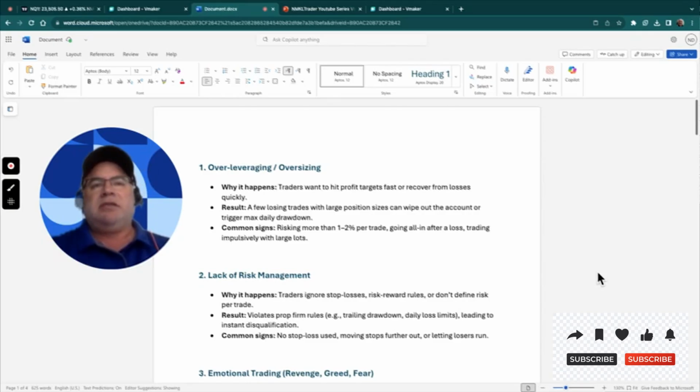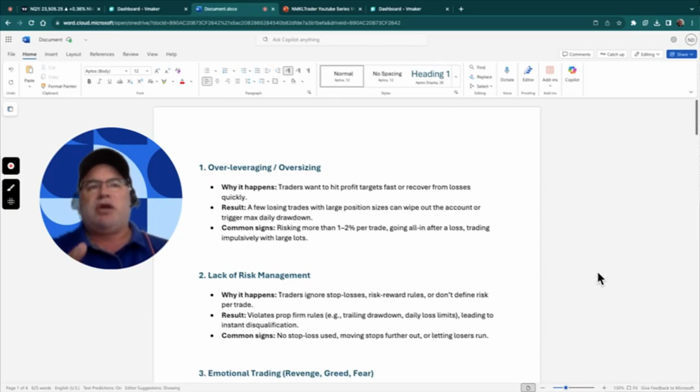It's not that difficult to understand. Traders want to hit their target profits fast or recover from losses quickly. And this results in a few losing trades with a large position size that can wipe out your account or trigger the max daily drawdown.